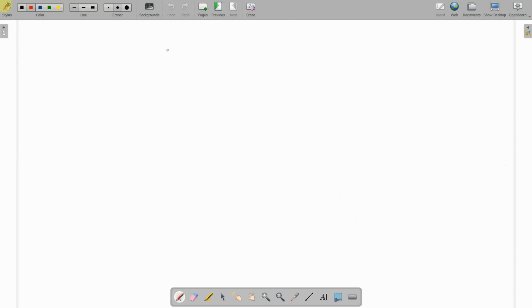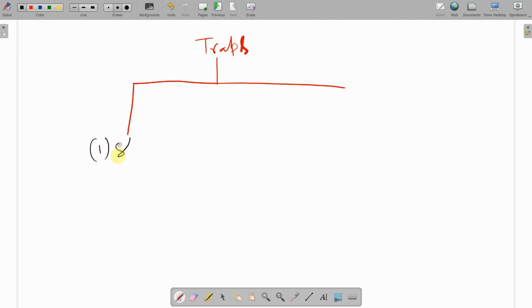So if I classify traps, the most important one, and this one you know, maybe you don't know the petroleum perspective, but what are the structural traps that you know.